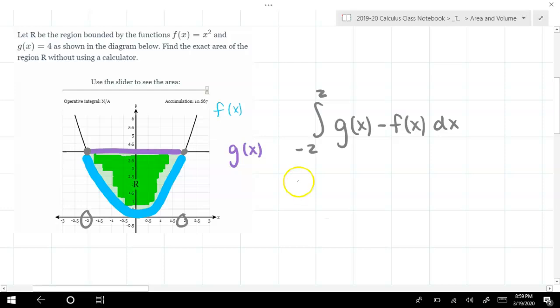So now continuing to solve this, from -2 to +2, g of x is equal to 4, f of x is equal to x squared, and now we can just use the power rule and the second fundamental theorem of calculus to solve for this. We're going to add 1 and divide, and then evaluate from -2 to 2.